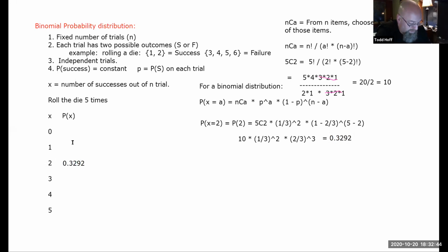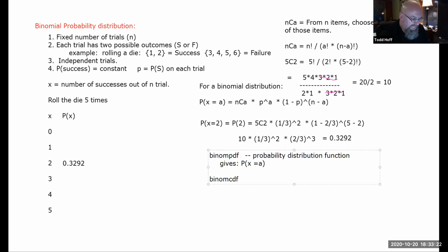I can find those probabilities individually, but there's a shorter way of doing it. Our TI-84 calculator has a built-in binomial function. Actually, it has 2 built-in binomial functions. It has binom PDF. PDF stands for probability distribution function. This gives you the probability of individual values: probability that x equals a.